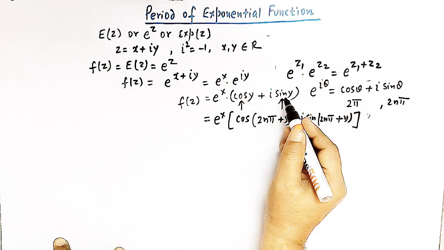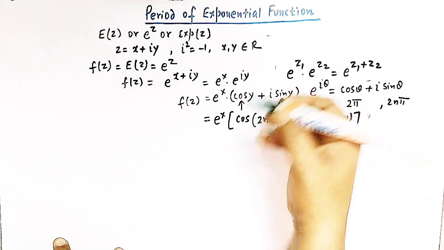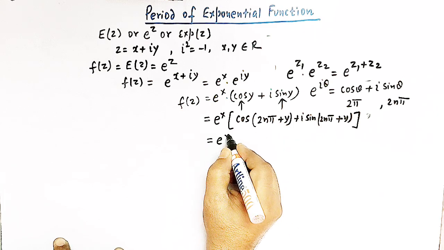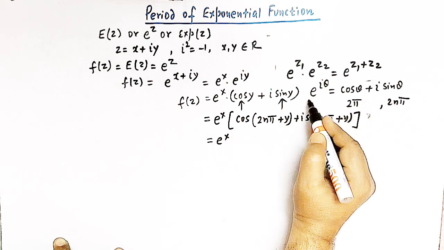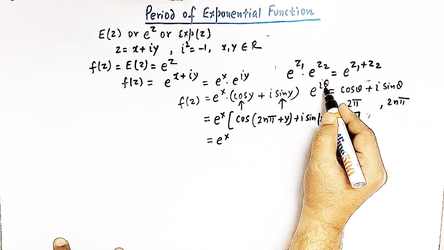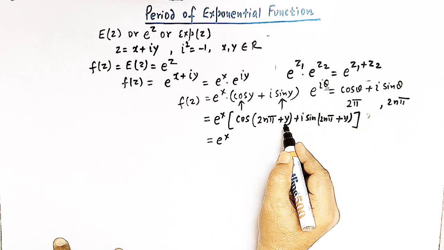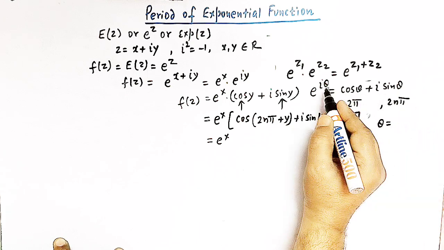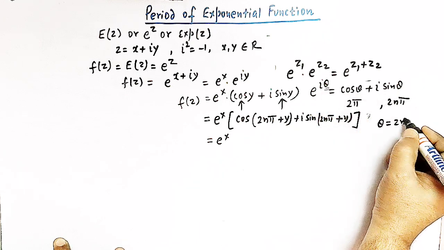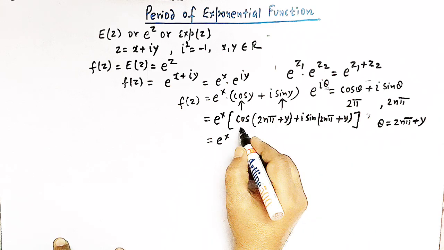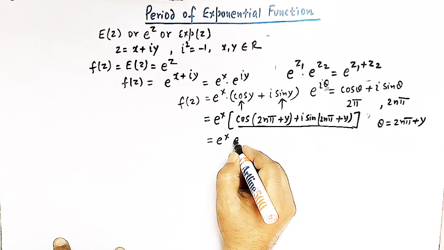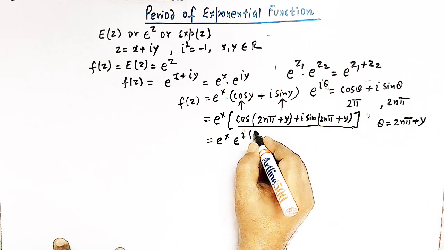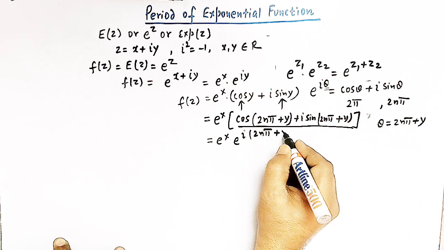So cosine function and sine function have the period 2 pi, right? So now again applying the Euler's formula here, we have now for theta 2n pi plus y. So now if we again apply this rule by taking theta is equal to 2n pi plus y, then this expression can now be written as e raised to i theta, where theta is 2n pi plus y.